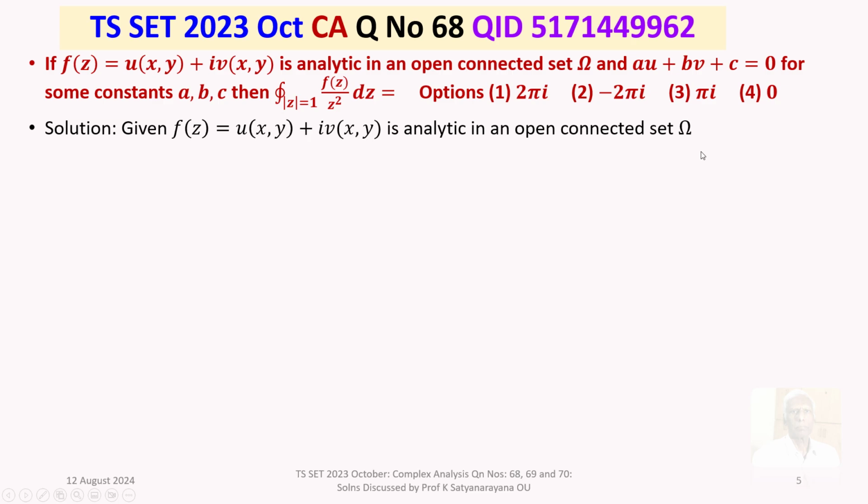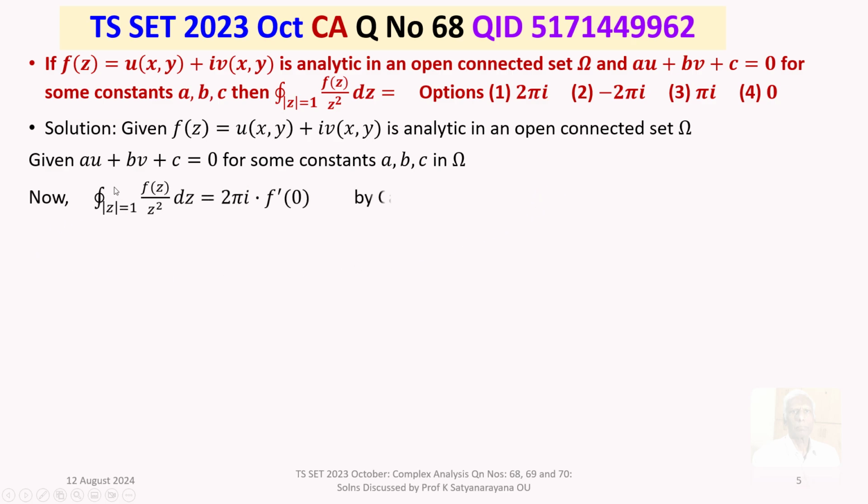And given u and v are connected by this equation au + bv + c = 0 for some constants a, b, c, that is, for u and v, for all ordered pairs (x,y) coming from the omega.